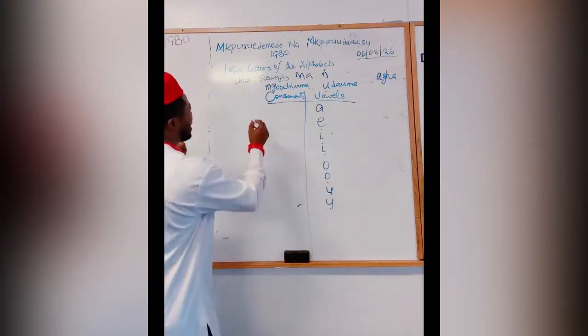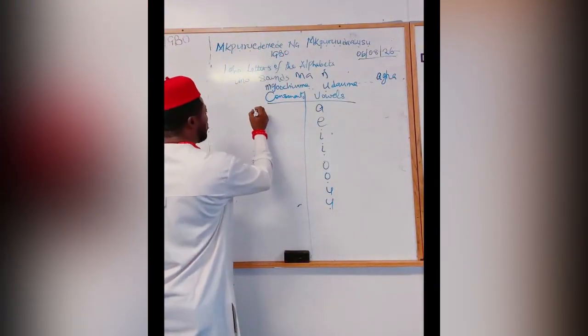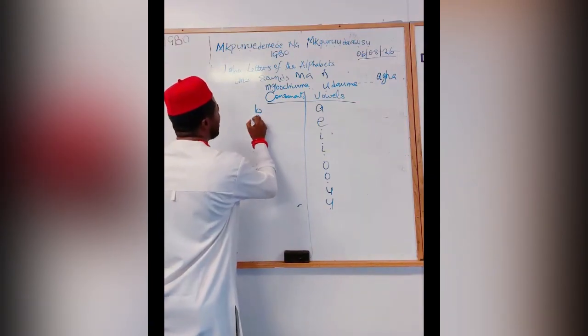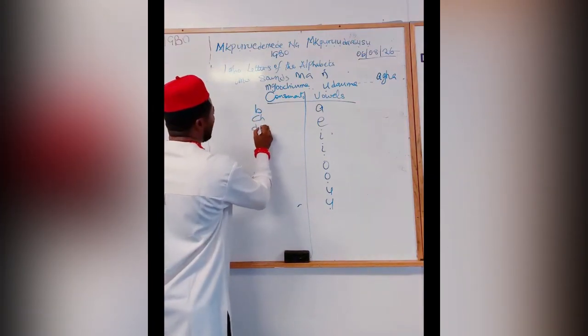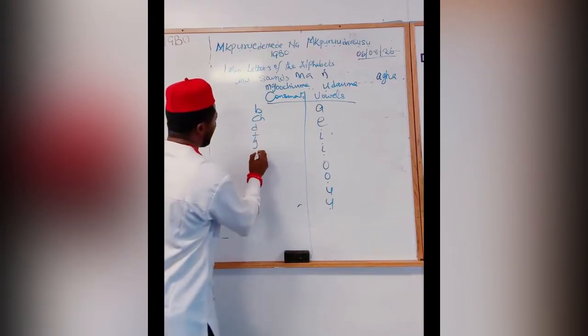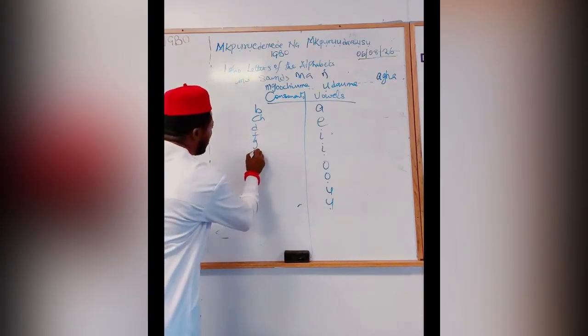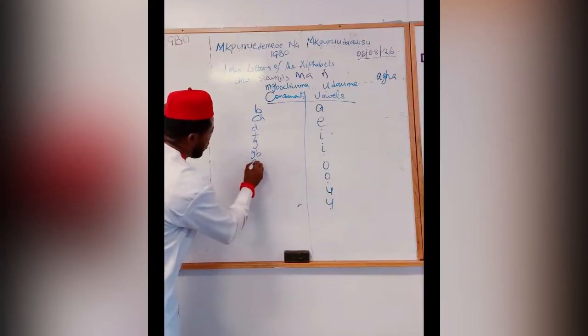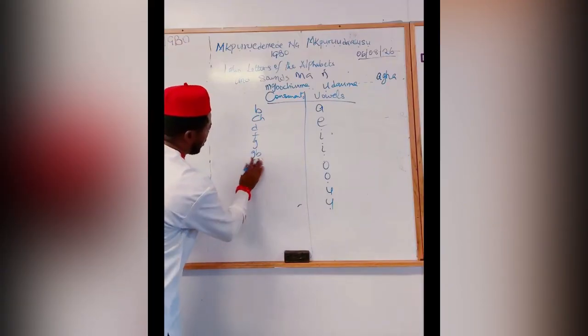All right. Ka anyị gazie na mgbochi ume B, Ch, D, F, Ife, G, B, Gwi. Oh, sorry.